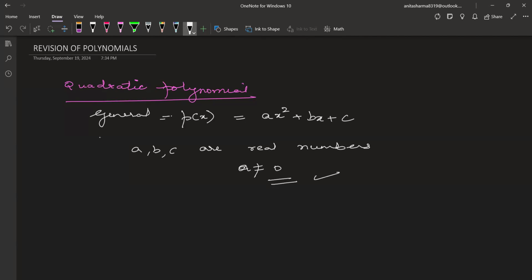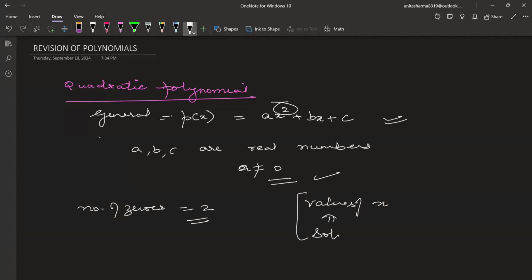So this is a quadratic polynomial, children. It has highest power 2, so the number of zeros will be 2 only. How many zeros? 2. Zeros means the values of x, or you can say solution, or roots. In a quadratic equation, we call them roots.